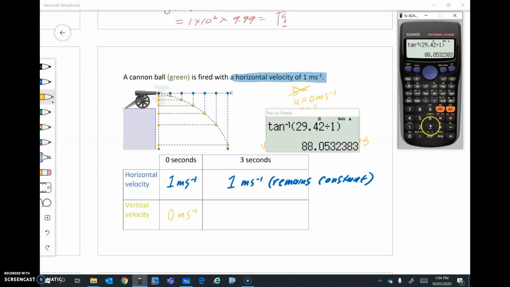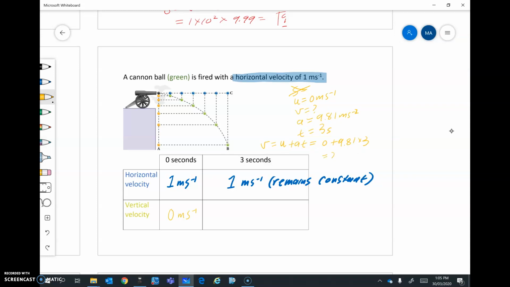So 9.81 by 3 gives us 29.43 meters per second. So vertically, after 3 seconds, it's sped up to that.